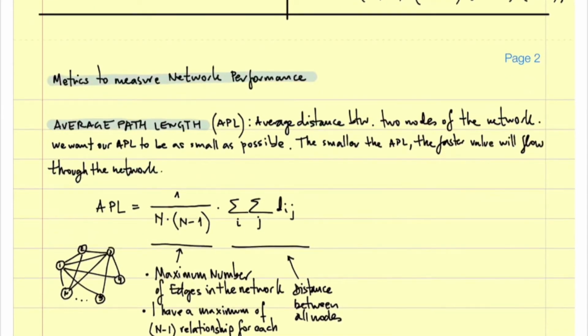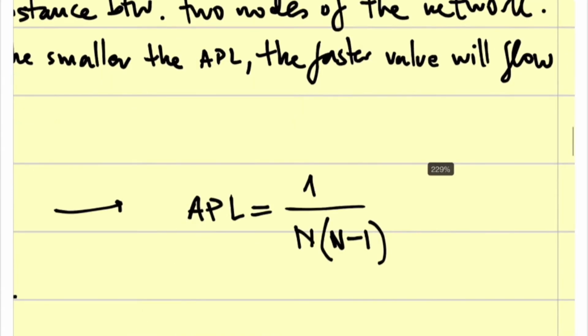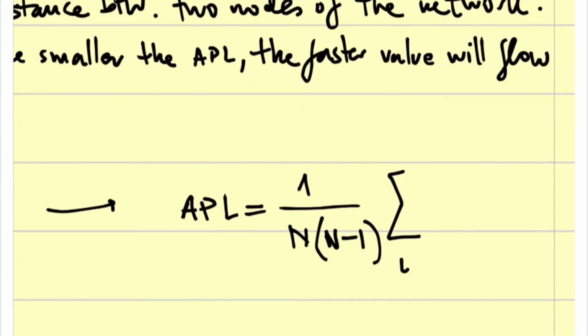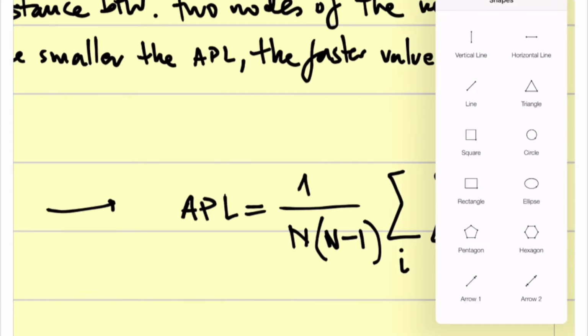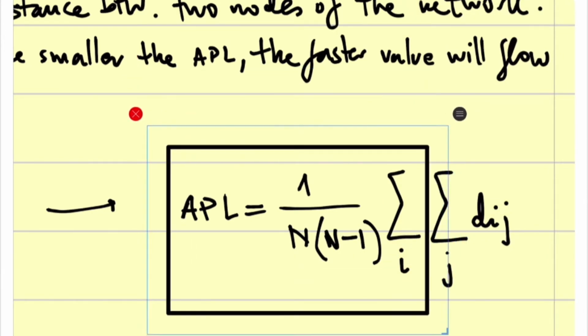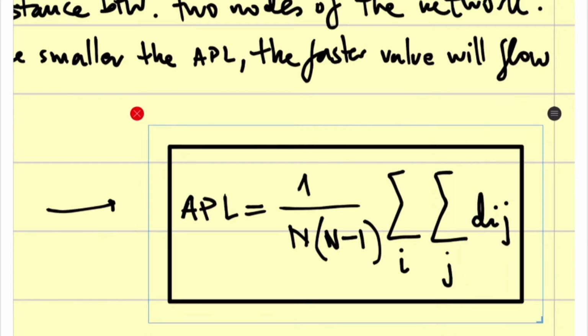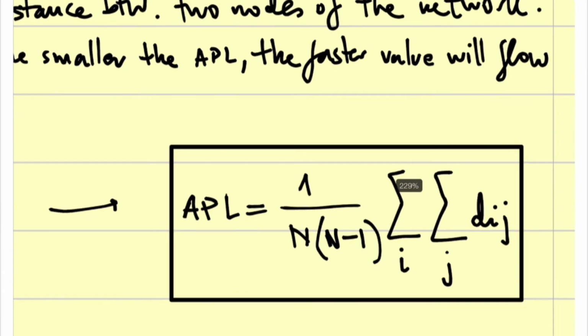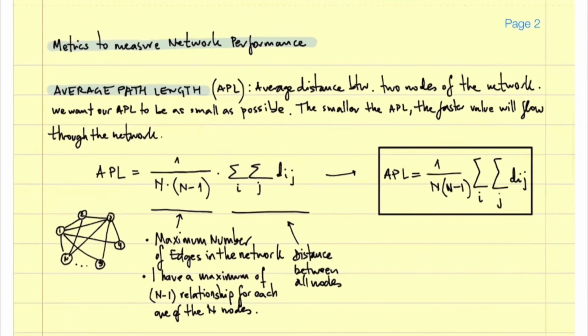So the average path length, APL, equals 1 divided by n times n minus 1, the sum over i and j of all the distances. Okay? Okay, questions about this?